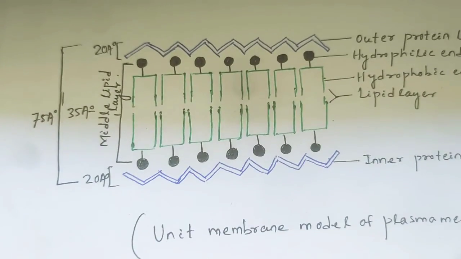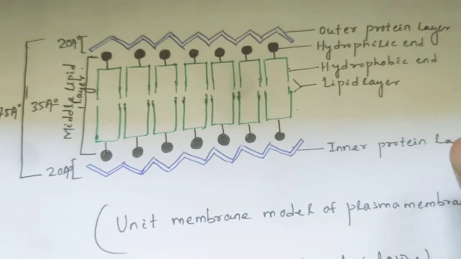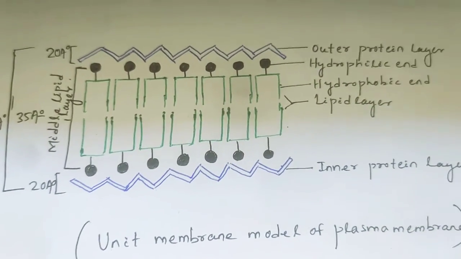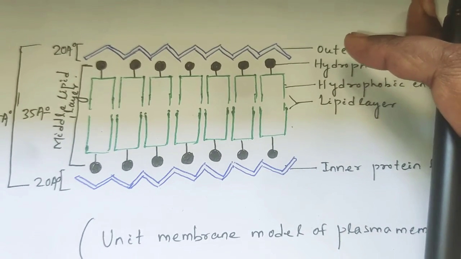So this is about the length of the plasma membrane, and it is different from cell to cell. Clear up to this? So this model is given by what?